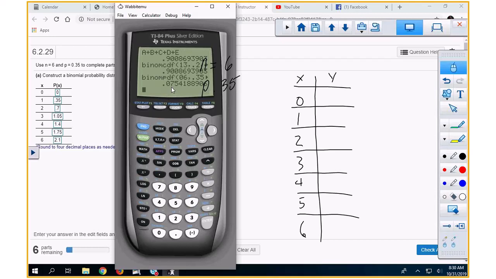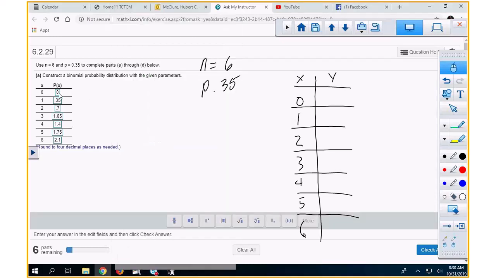That's 0.70754. Now what does it say? It says round to 4 decimal places. So that's going to be 0.0754. So we type that in here. 0.0754. Okay? Next one.